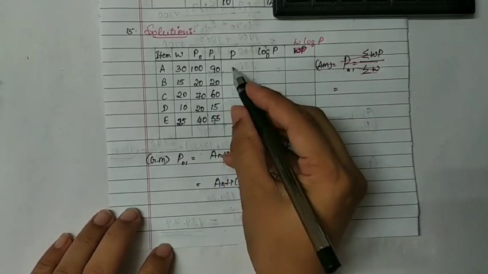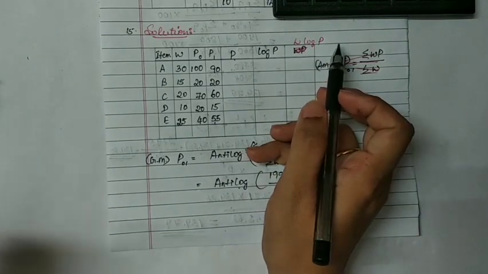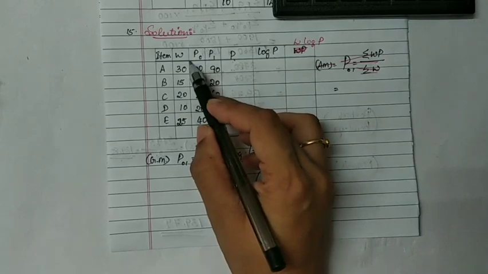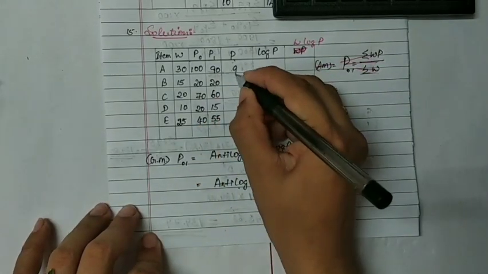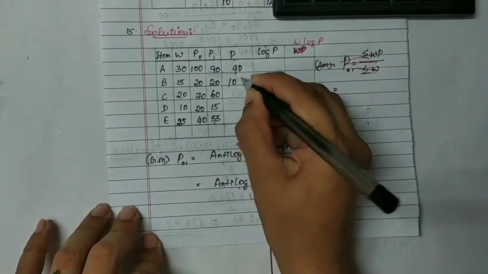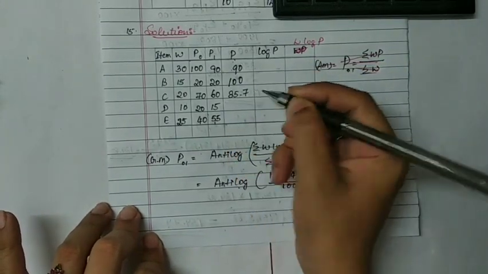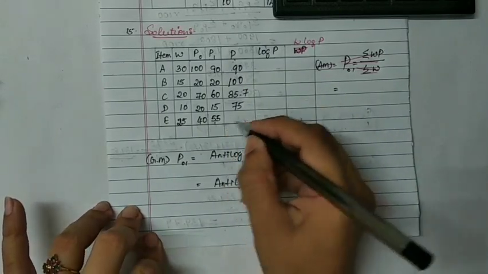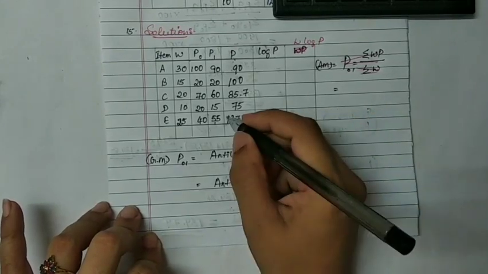And here calculate P, log P and W log P. So P, how to calculate? P1 divided by P0 into 100. That is 90, 100, 85.7, 75 and 137.5.